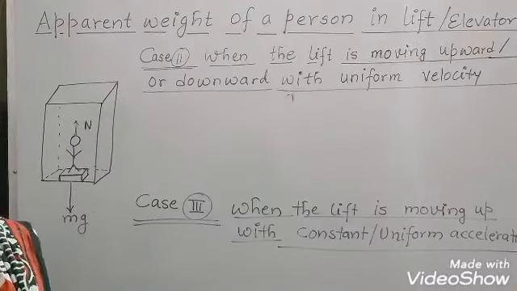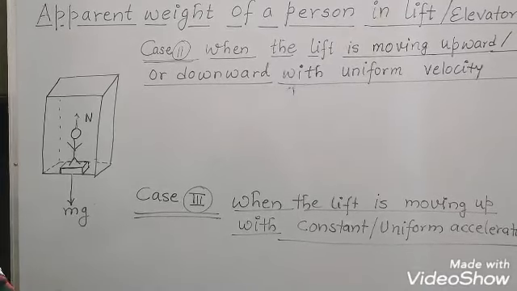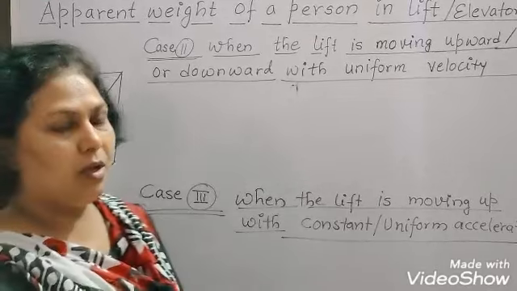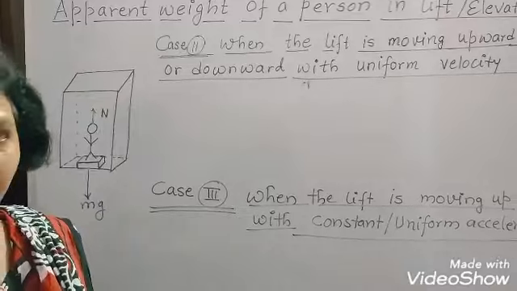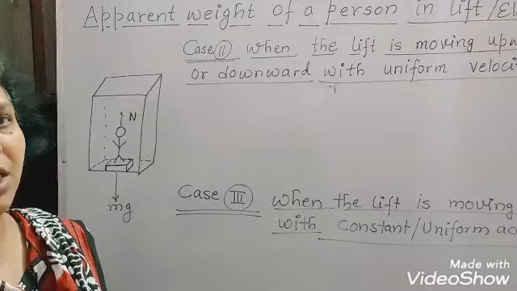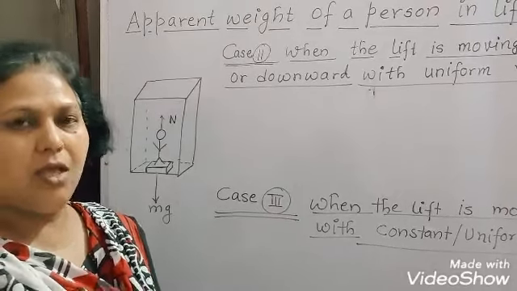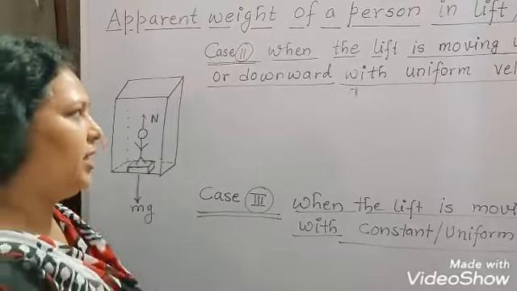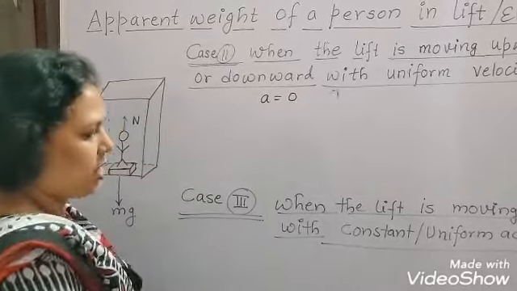Case 2: when the lift is moving upward or downward with uniform velocity. You know that when the object is moving with uniform velocity, there will be no change in the velocity. If there is no change in the velocity, the acceleration is 0.